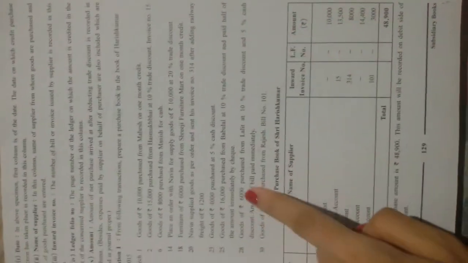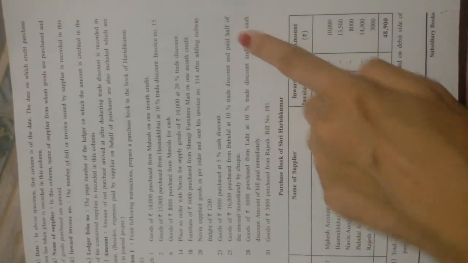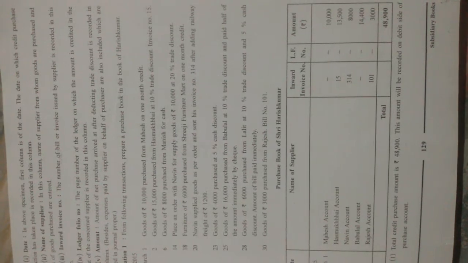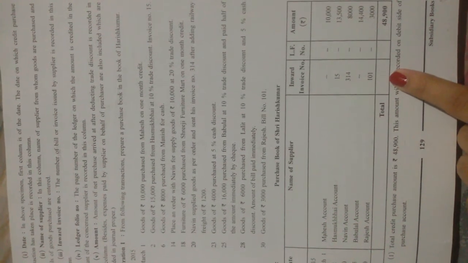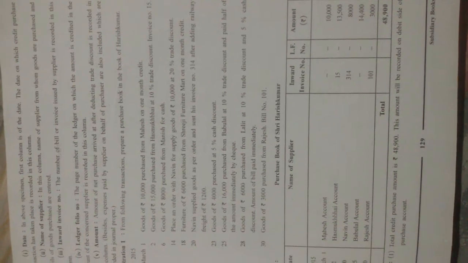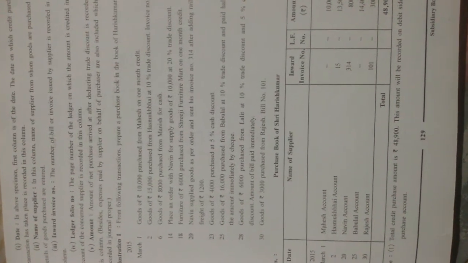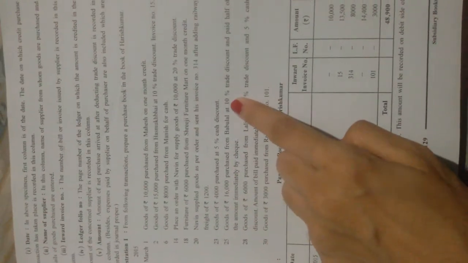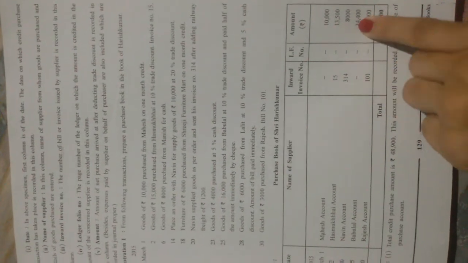And paid half of the amount immediately by check. So again this would not be considered for the purchase book, because total purchase of goods is always recorded in the purchase book. So how much amount is paid, half, you don't have to consider that for preparing the purchase book. After deducting 10% rate discount, whatever amount you get, you have to write it in the amount column.